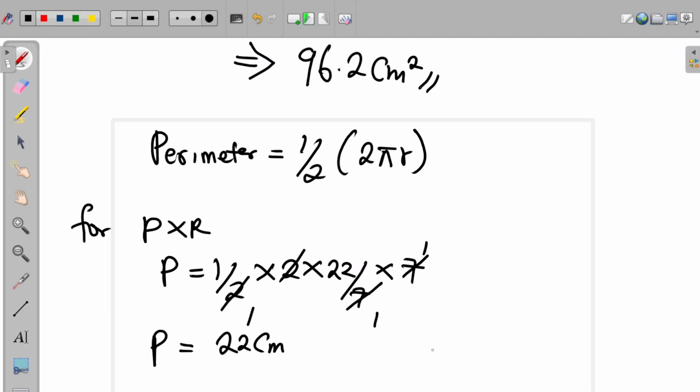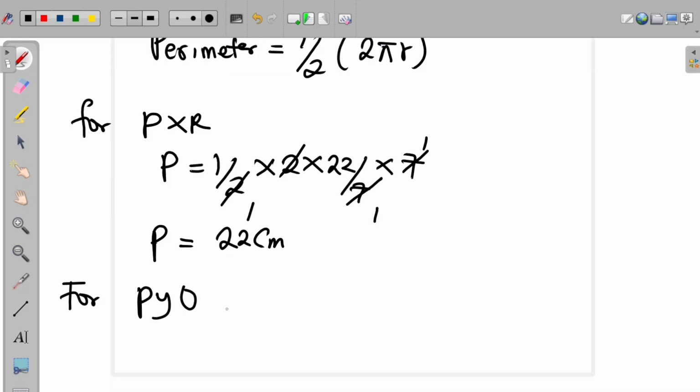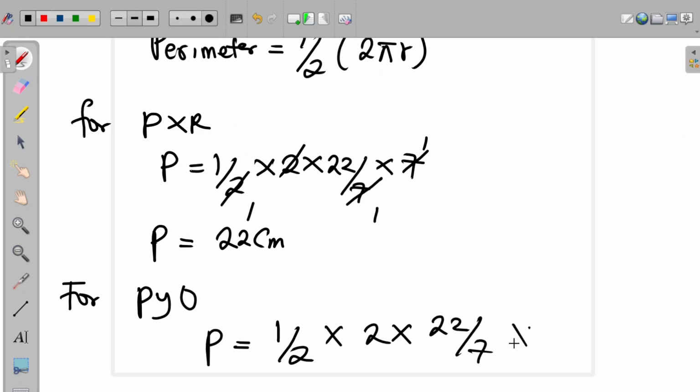Also, for PYO, we have it that perimeter is equal to 1 divided by 2 times 2 times 22 divided by 7 times 3.5.